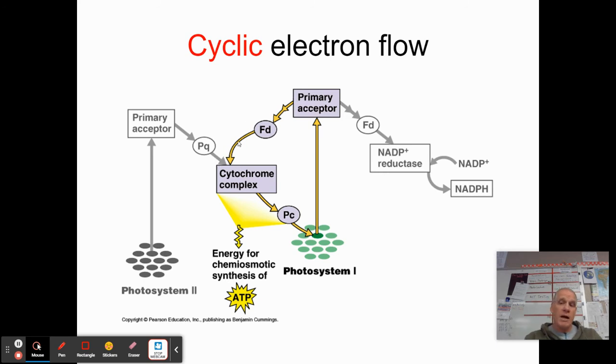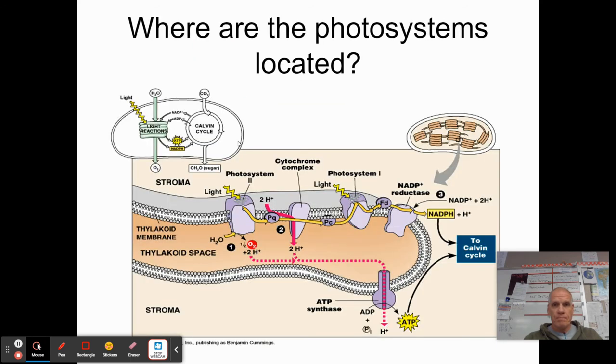What is the cytochrome complex, you ask? It is a proton pump that utilizes the energy in electrons to pump protons against a concentration gradient. We'll get to what happens with that concentration gradient a little bit later.